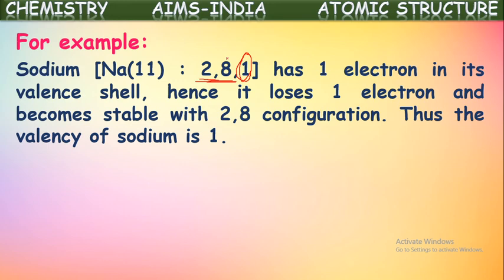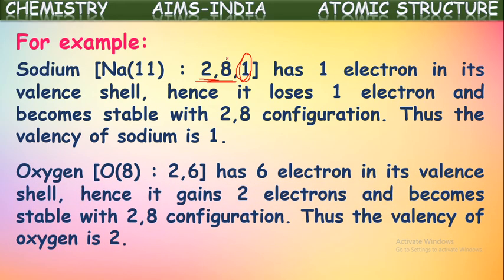Let us see one more example. Oxygen has atomic number 8 and its configuration is 2, 6. So it has 6 electrons in its valence shell. As it has more than 4 electrons, it will gain electrons. How many electrons are required for oxygen to reach 8? 2 more electrons.